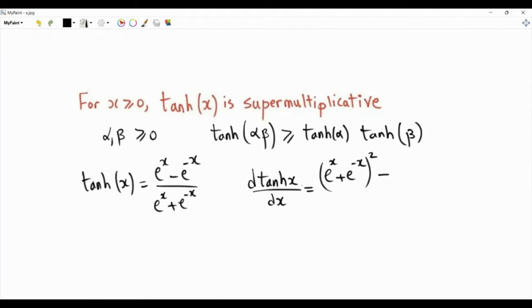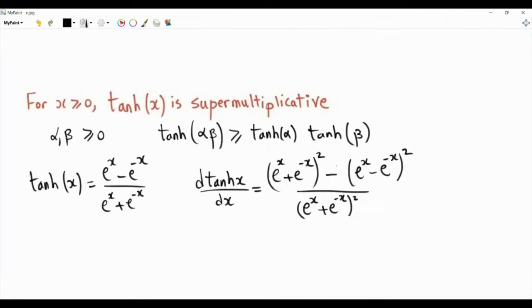So we square here, minus, then we have the numerator, and the derivative of the denominator will be exactly like this. So we square, and then we divide by the square of the denominator. And as we can see here, the first derivative is positive.